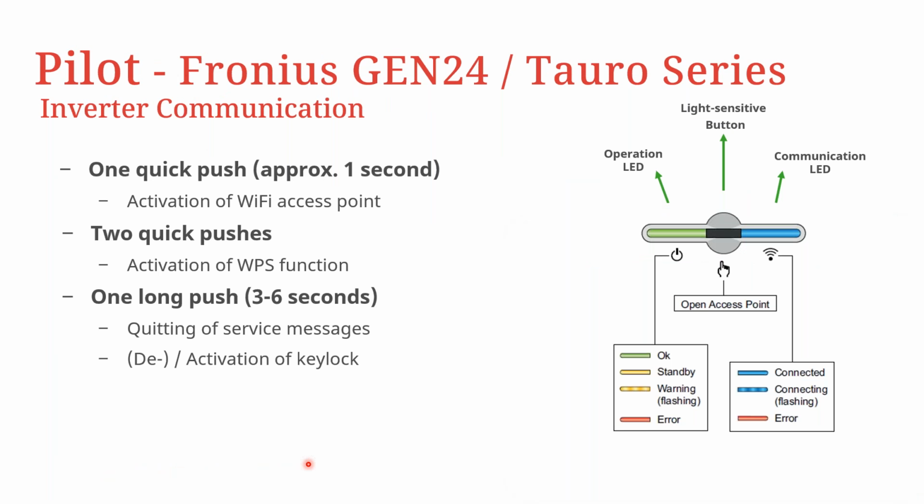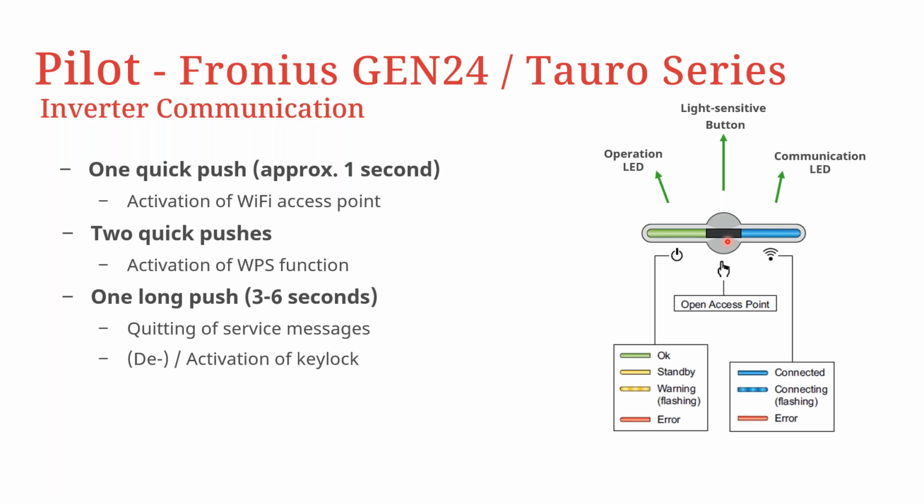For the Fronius pilot, let's look at how we can achieve access by opening the Wi-Fi access point. Having a straight look at the inverter, we're going to see where the pilot is located. It comprises three elements: the operation LED, located on the left-hand side of the viewer; in the middle a touch-sensitive button; and on the right-hand side the communication LED.